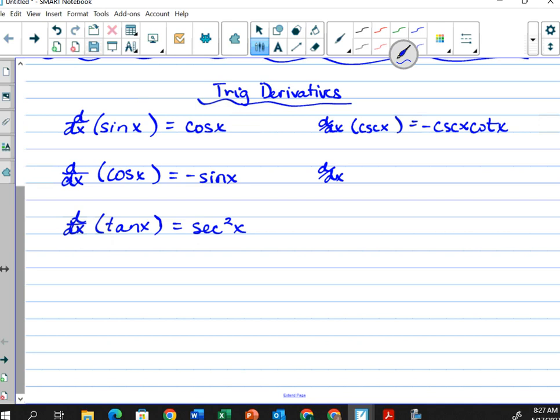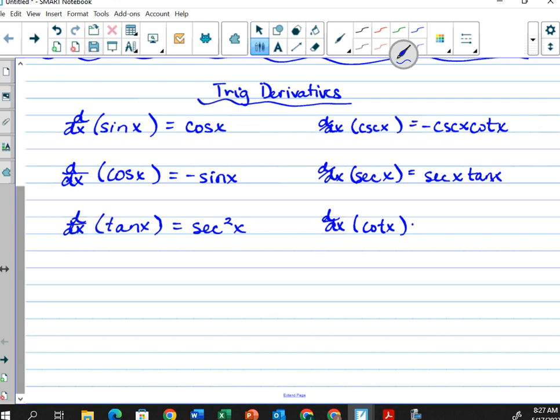All right, let's do d dx of secant. Any guesses on this one? Something with tangent. It's secant tangent. There's no negative in this one. All right, and then d dx of cotangent.